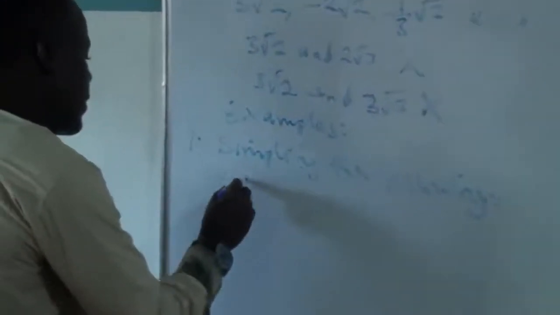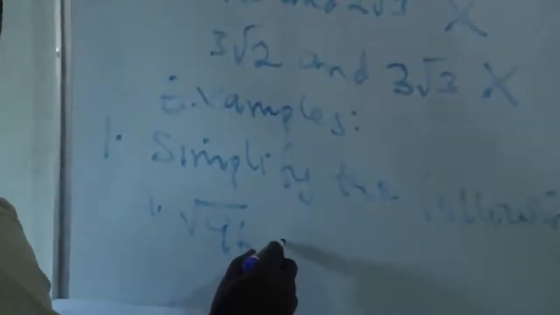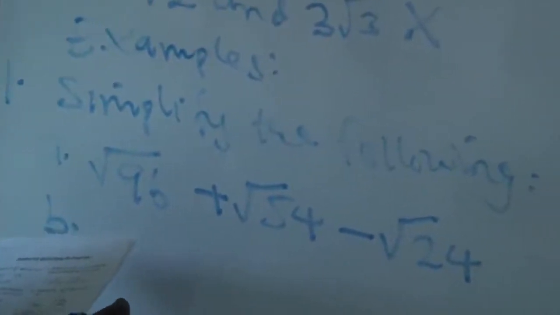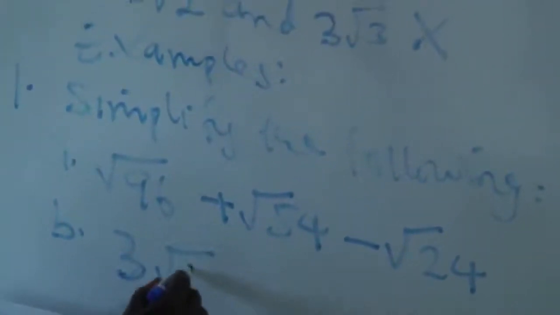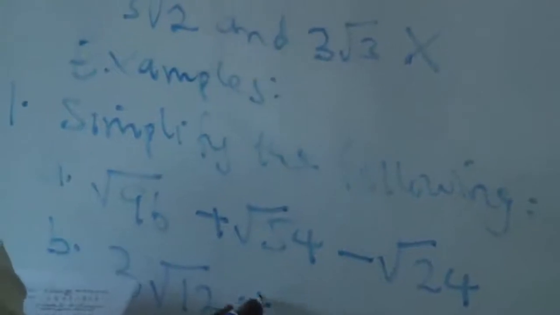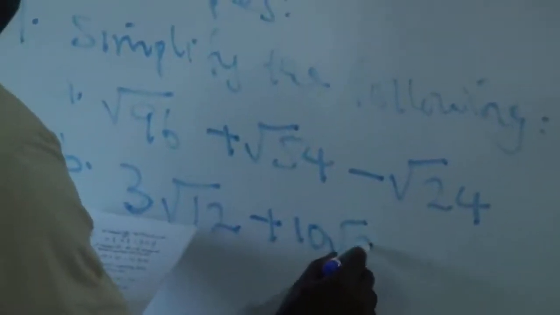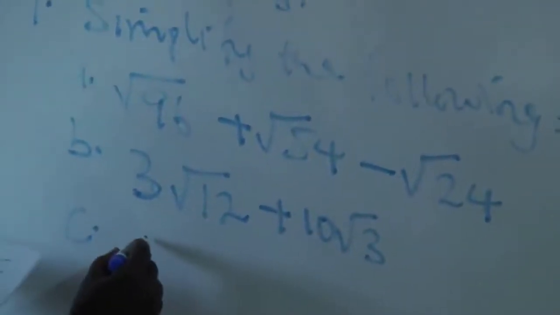A, root 96 plus root 54 minus root 24. B, root 12 plus 10 root 3. And let's take just 3 for now.